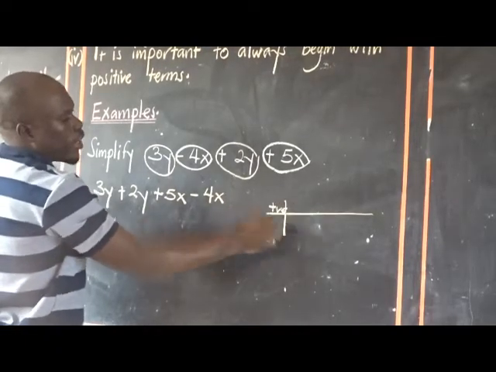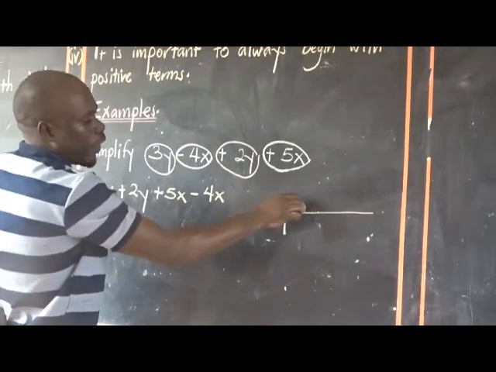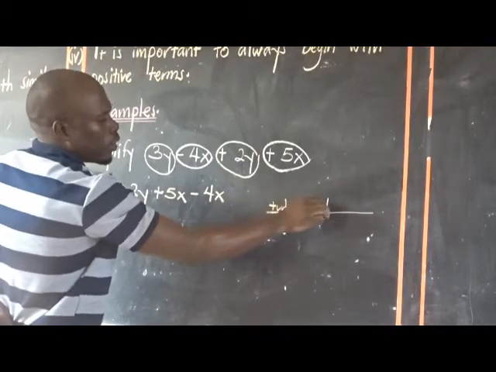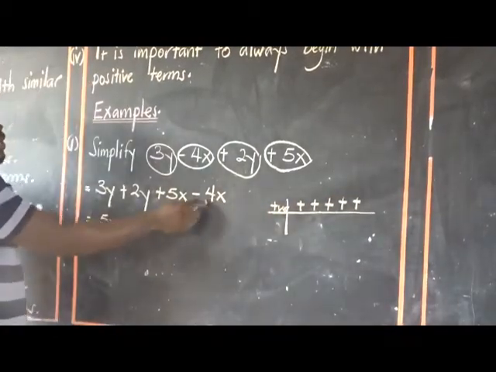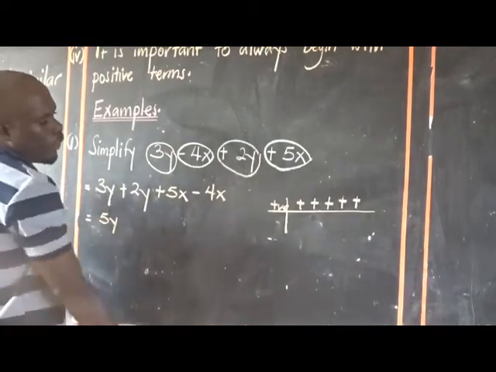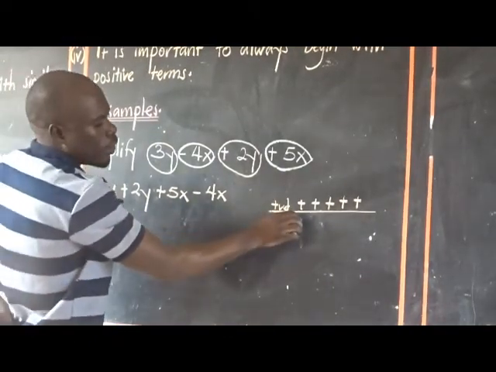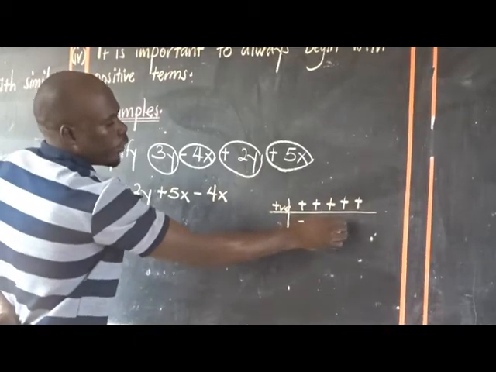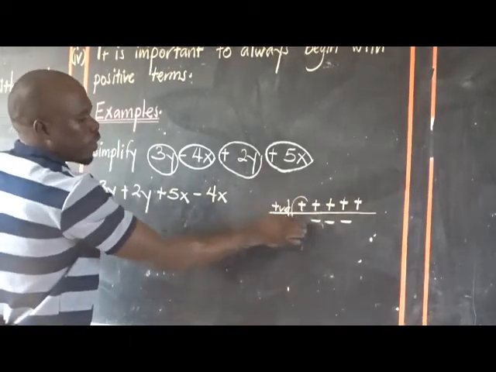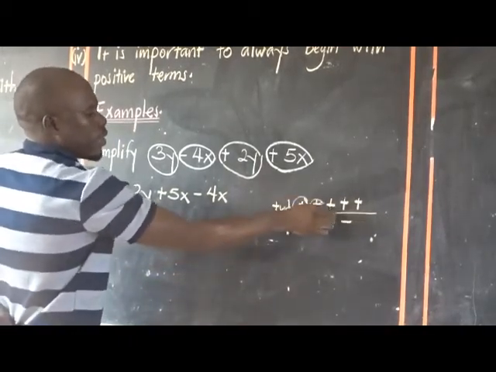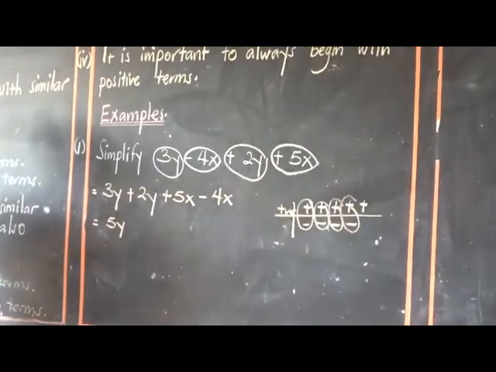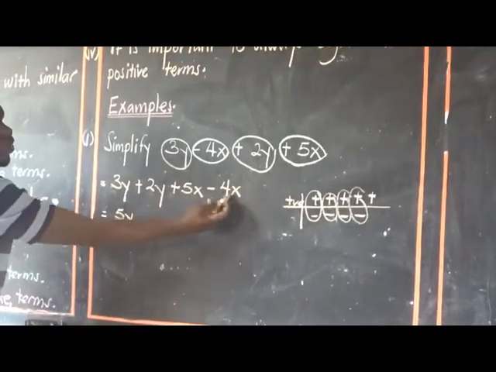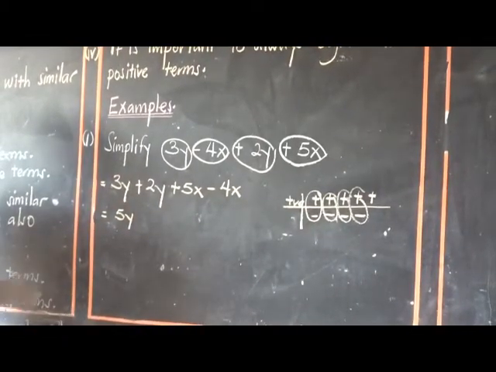So on the positive side, we shall have 5 of them. 1, 2, 3, 4, 5. This x is a negative, which is negative 4. So we shall have 4 negatives. 1, 2, 3, and 4. So this one goes with this, this with this, this with this, leaving us with 1 positive. So in other words, from these two, we shall get a positive x.